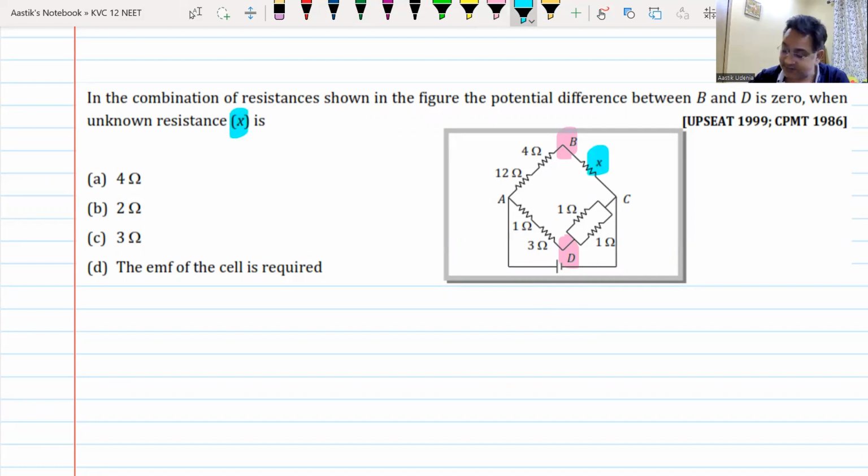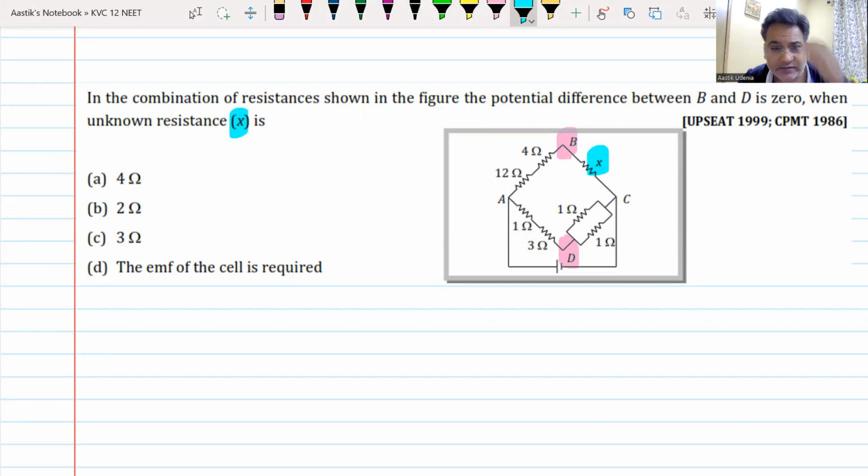Unknown is X. And you have 2 minutes to give me the answer. So how are we supposed to get this? It is given that the potential difference between points B and D is zero.